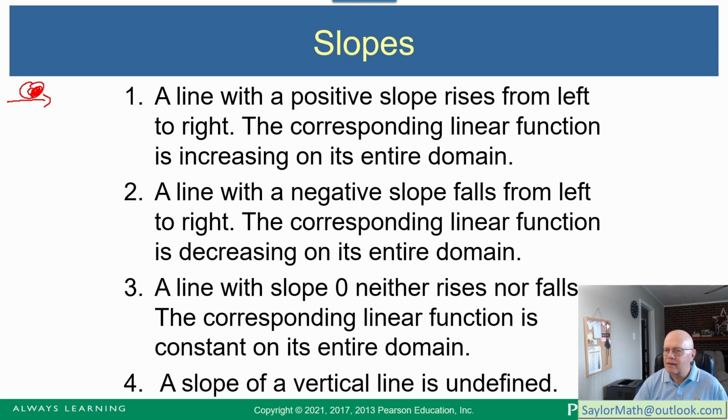If it has a positive slope, then it is going up. If it has a negative slope, then it falls down. If it has a slope of 0, it doesn't go up or down.